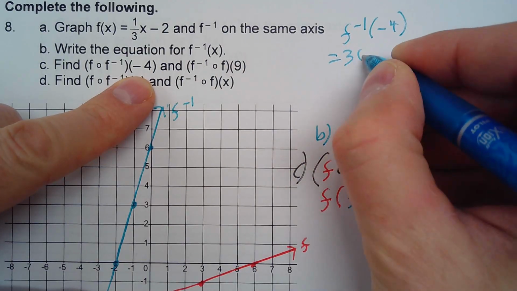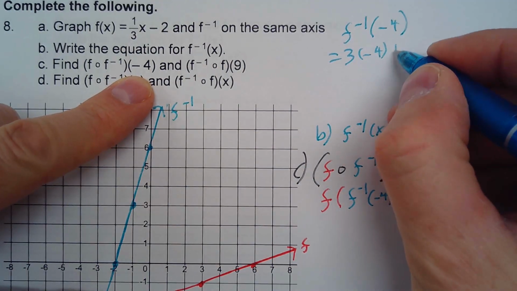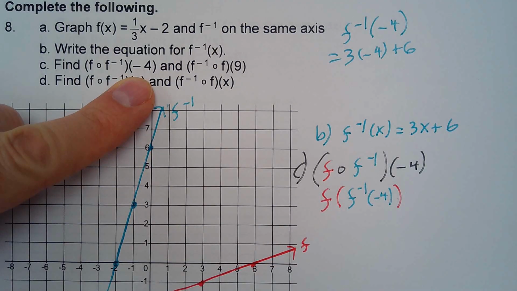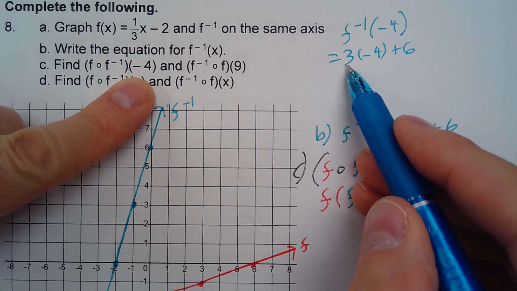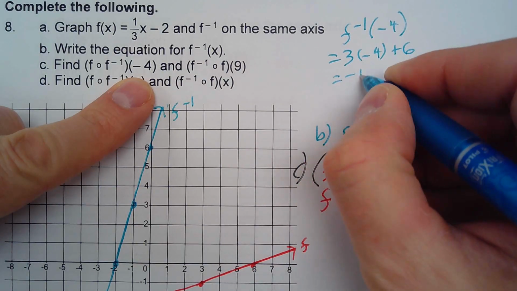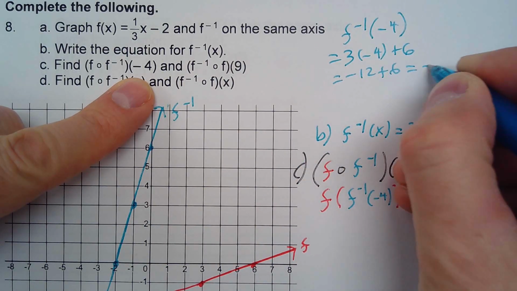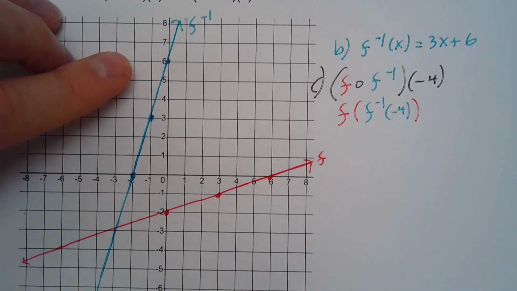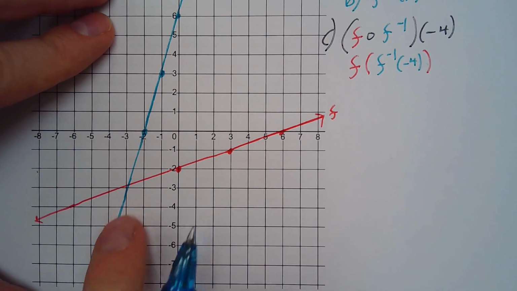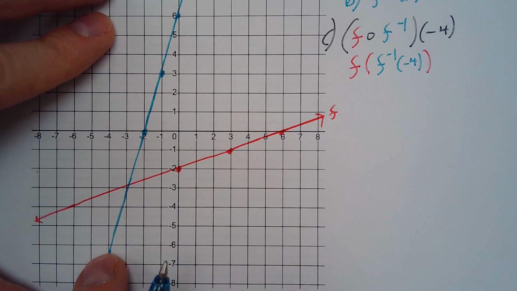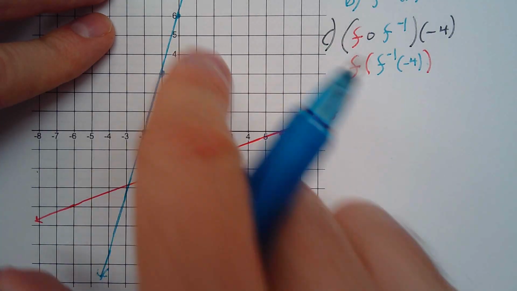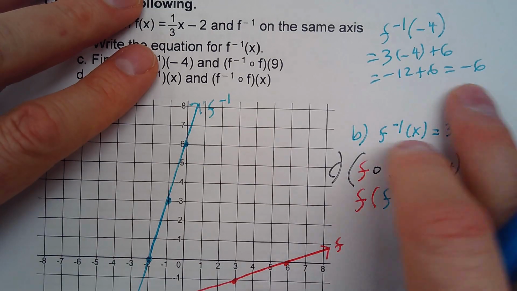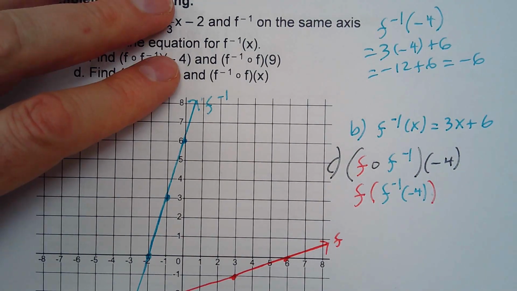So it's 3 times -4 plus 6. So that would be -12 plus 6 equals -6. So you see I didn't quite get the graph drawn correctly here, but if we do it algebraically, it's -6.